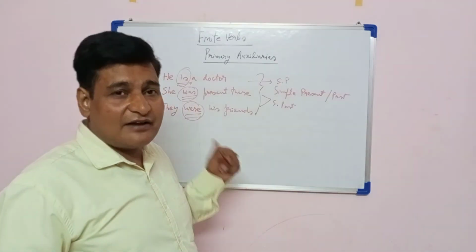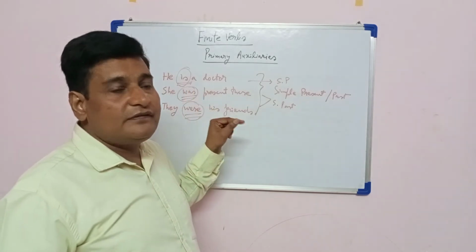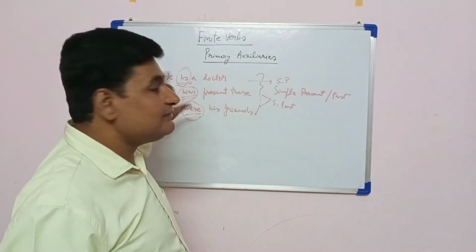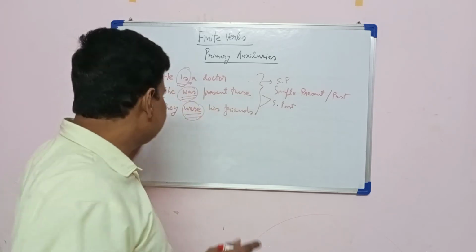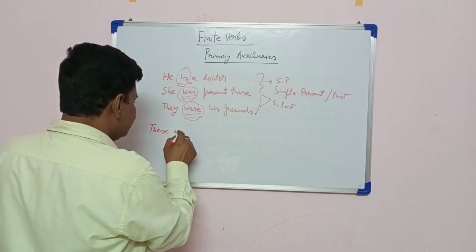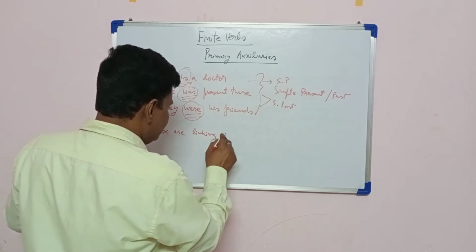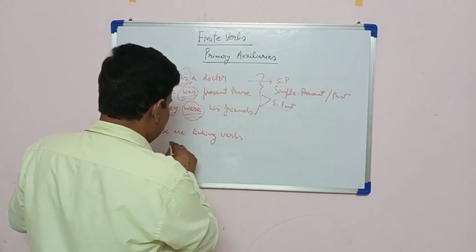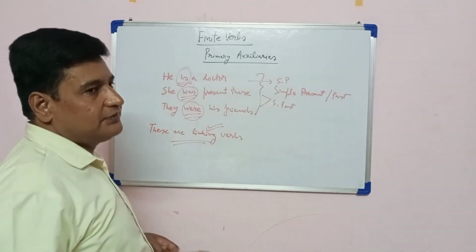That's why these are not primary auxiliaries, because here they are working by themselves as the main verb. So what are these here? These are called linking verbs.